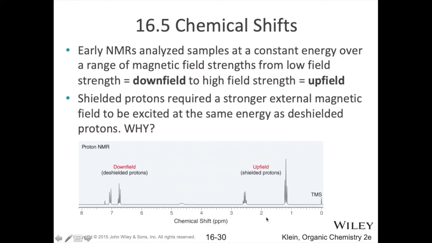Upfield is to the right, closer to 0, and downfield is to the left, where you have the higher numbers. The more deshielded your nucleus is, whatever environment it's in, the further downfield it shows up, because it's more influenced by that magnetic field.